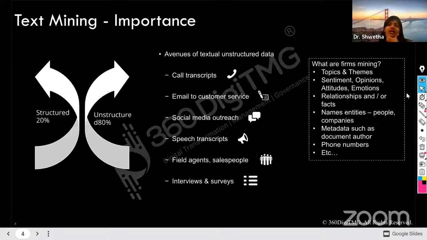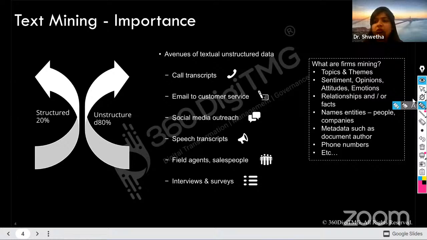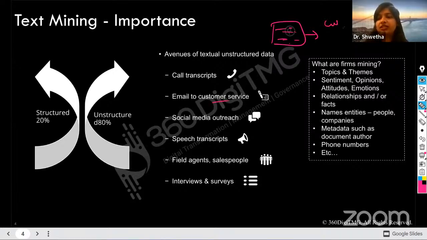Now, what are we actually trying to do with this unstructured data? What are the firms actually looking for? We either try to search for topics or themes. If there's a paragraph of text, then we go for identifying the topic or theme of it. Or if it is related to customer reviews, like on online e-commerce platforms, then you go for sentiment analysis, opinions, attitudes, or emotions.